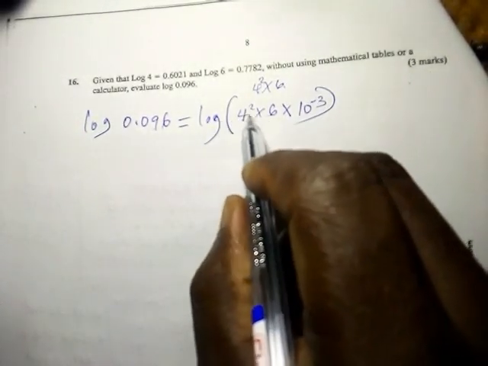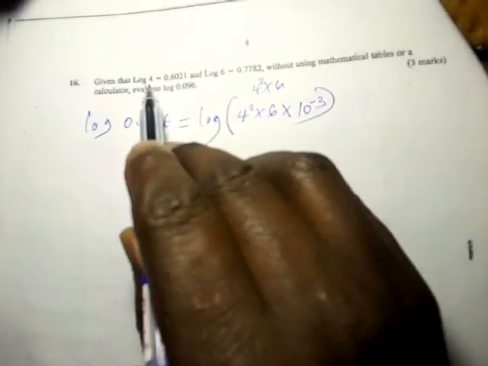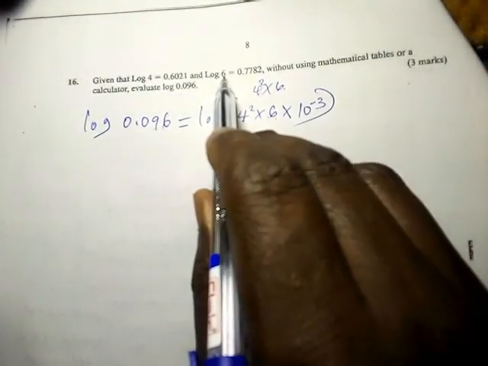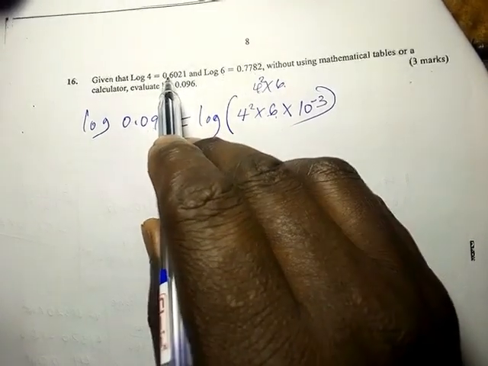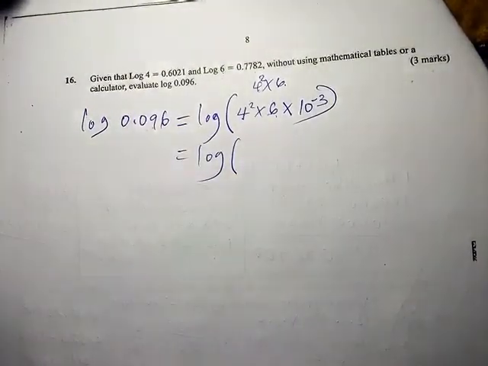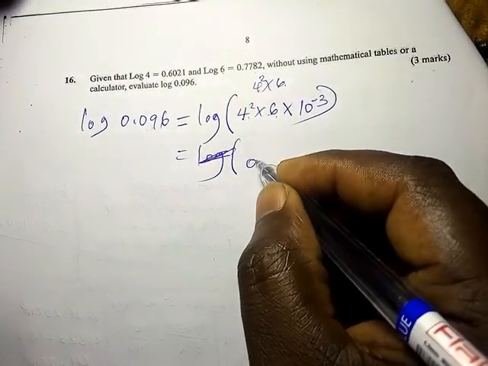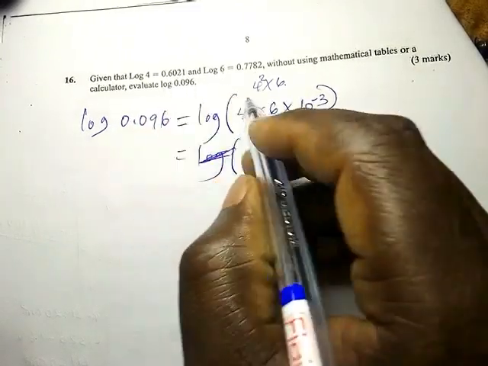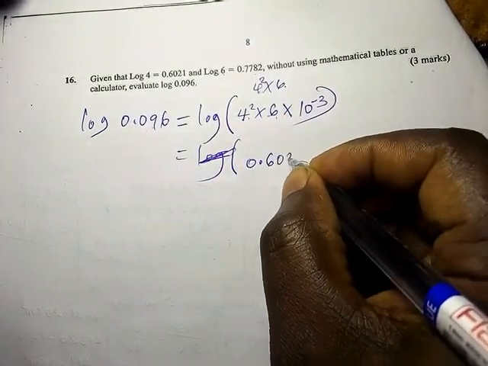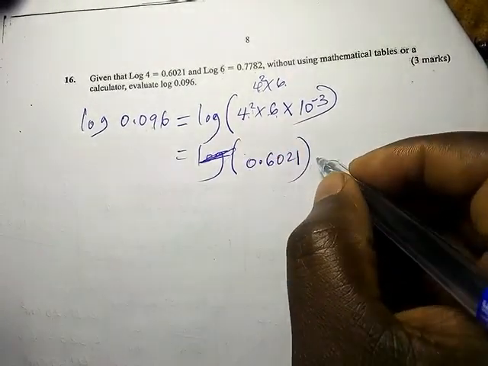Why do we need to put this number in the form of 4 and 6? Because we have been given the log of 6 and the logarithm of 4. So now the log of 4 is 0.6021, but the square means you multiply by 2.